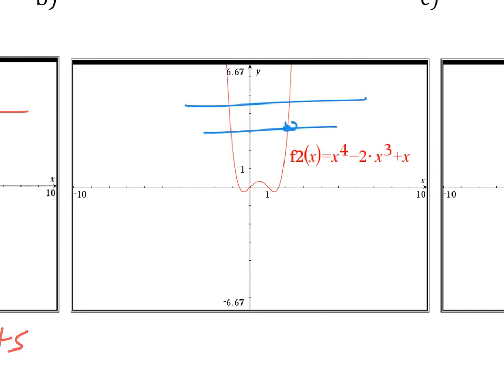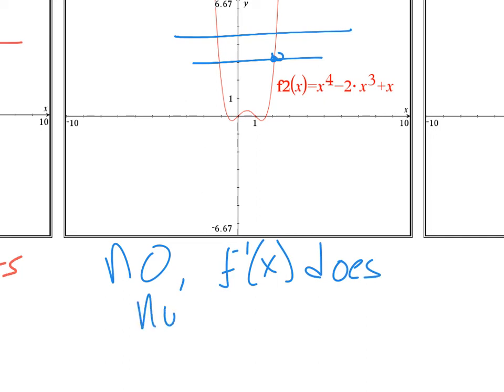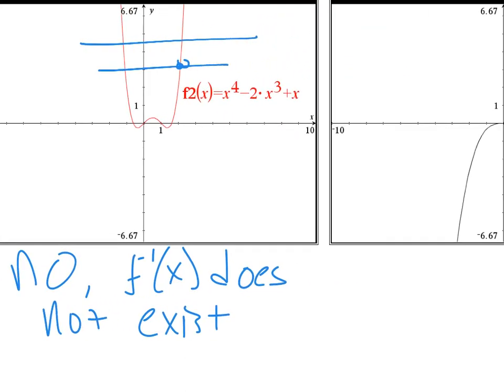Easy, right? So no, in this case, the inverse of this function does not exist. So not all functions have inverses. You can't just come up with an equation that would magically undo all this.